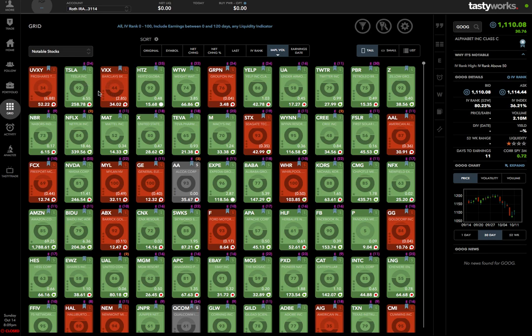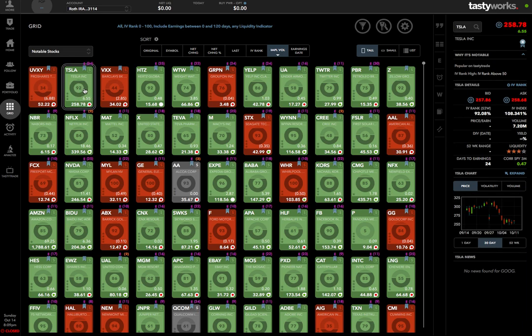Okay, because if implied volatility is high, like here Tesla has a 92, right? 92 implied volatility. That's really high. That means the options I'm going to be buying for Tesla are going to be very expensive because they have a 92 percent implied volatility. So that's really, really high. Okay, you want to buy stocks that are lower volatility because they're going to be cheaper. If you buy stocks with high volatility, they're going to be more expensive, but they're going to move more, right?